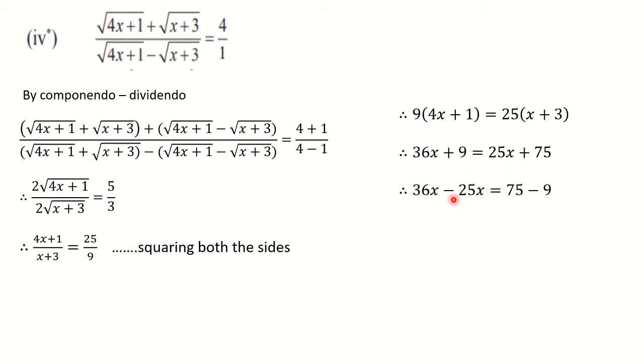This plus will become minus. And 75 minus 9. Again see, this plus 9 when shifted to RHS became minus. So 36 minus 25, 11x we are going to get here. And 75 minus 9 is 66. So 11x is equal to 66. Therefore x is equal to 66 divided by 11. That is 6.